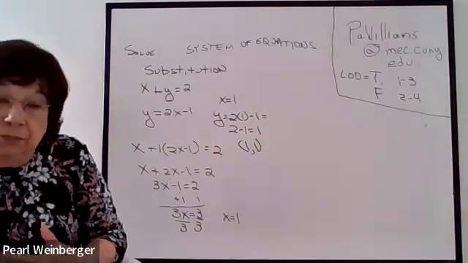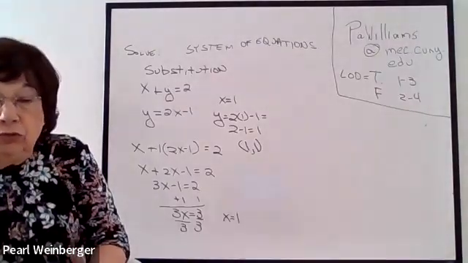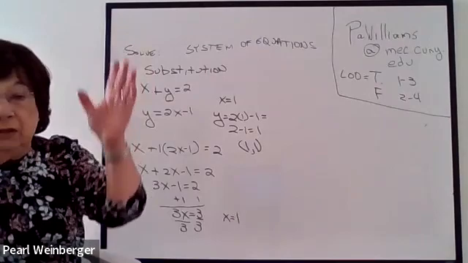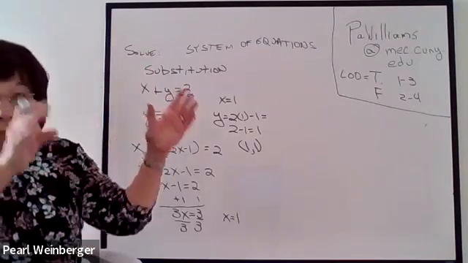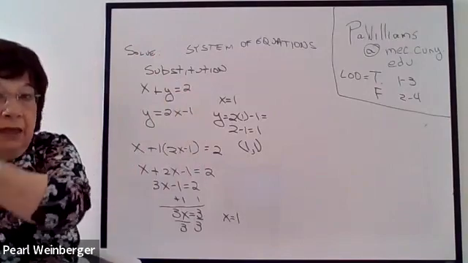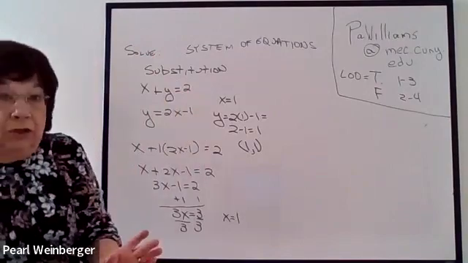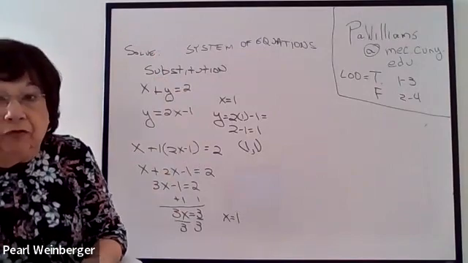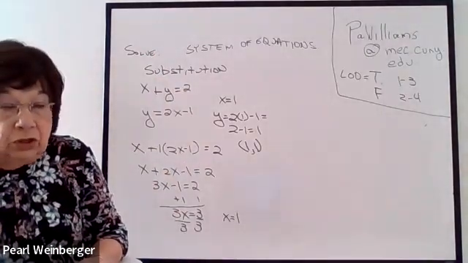Usually, if you ask me which method you should use, my standard answer is: if both equations are set up in what we call standard form, x, y equal number, and they're just lined up like that, it seems like a perfect setup for elimination or addition.